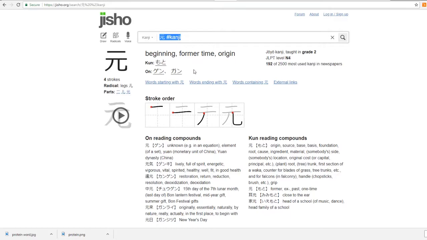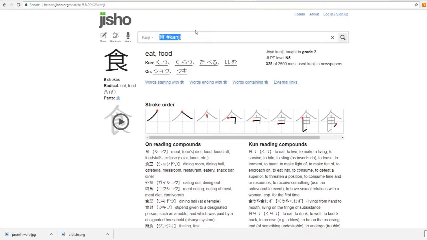This one is food. It's going to be ku, or it also has tabe too. Taberu is going to be like food, and shoku is the onyomi.